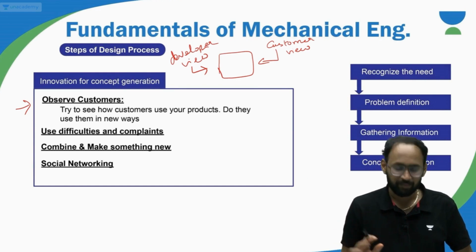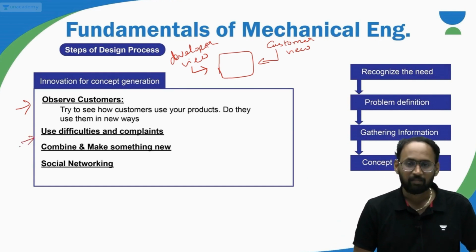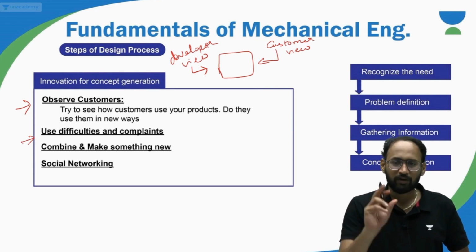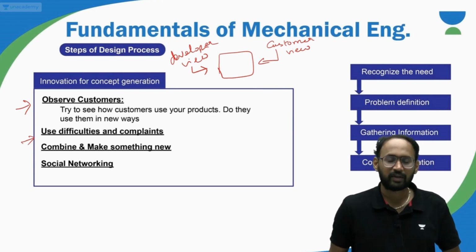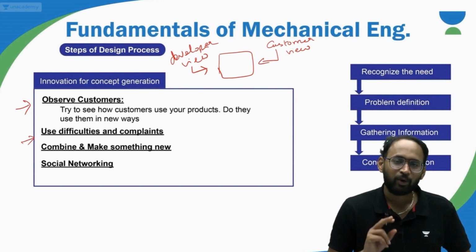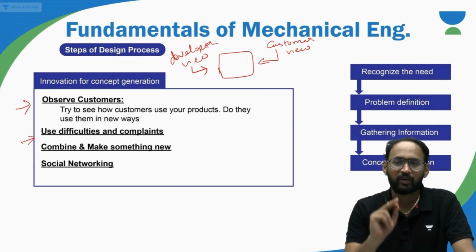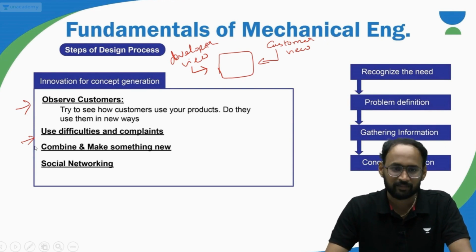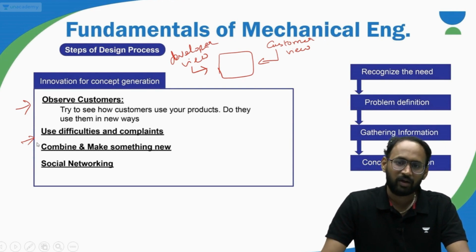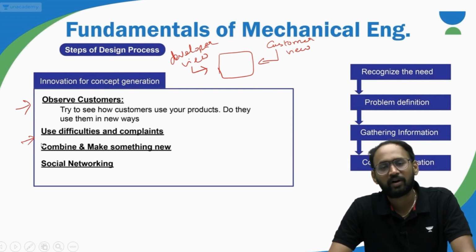Okay, and use difficulties and complaints. Whatever product you have, you are delivering it to the customer, try to understand the difficulties and complaints. There is a lot of innovation or a lot of concept from there. Now you take any product for that matter.